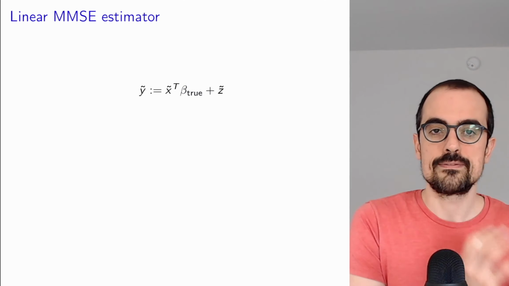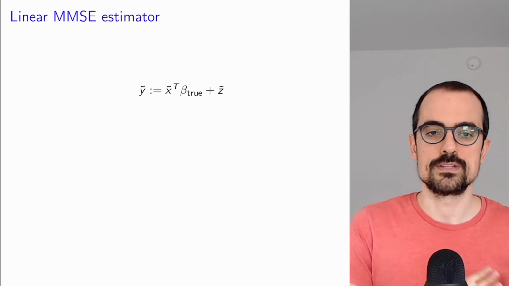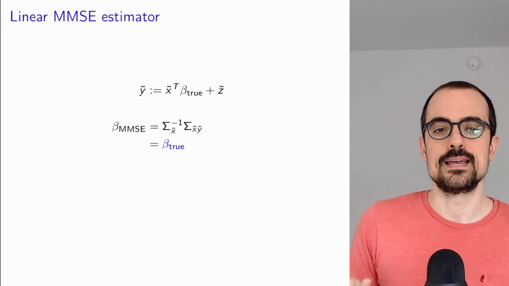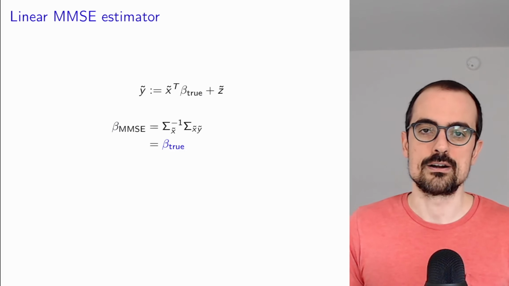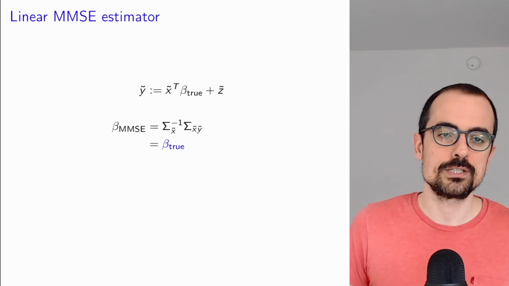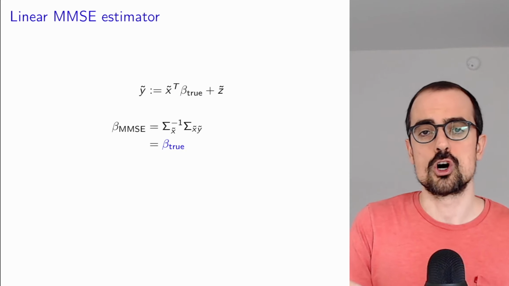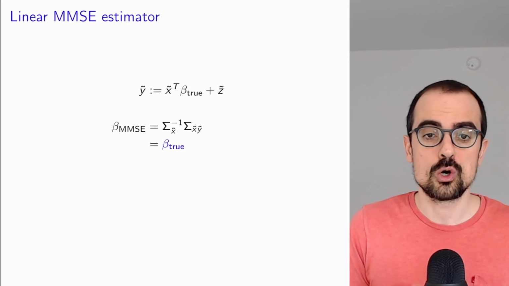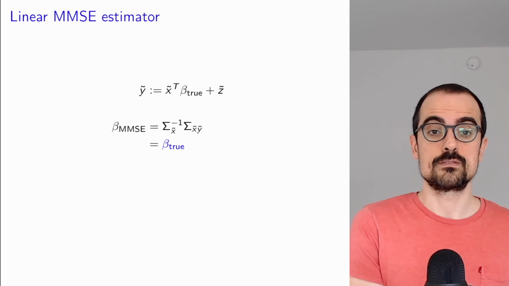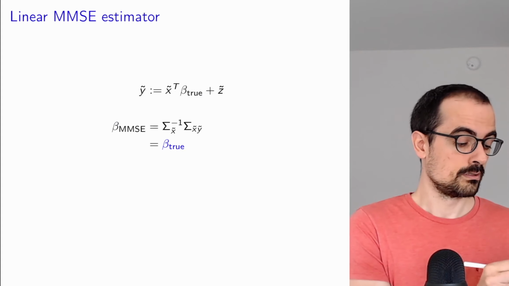Great. So if we assume that the response is of this form, and we apply the linear minimum mean squared error estimator, then in the video on coefficient error, we showed that you actually recover the true coefficients.